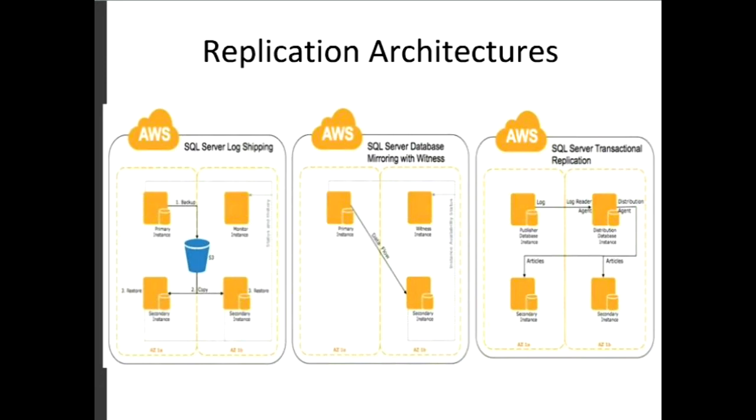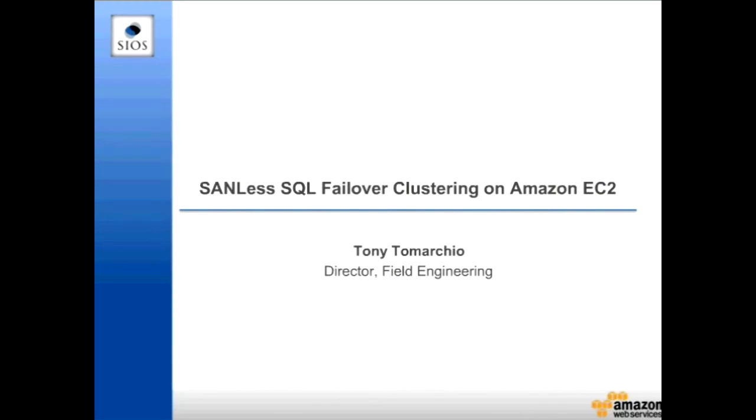Excellent. Thanks, Miles. So as Miles mentions, what I'm going to do is review how you can achieve native Microsoft clustering within Amazon EC2. But before I get into too many of the specifics on how you can actually make this happen, I wanted to provide you with a brief background on Fios Technologies and who we are and what we do.